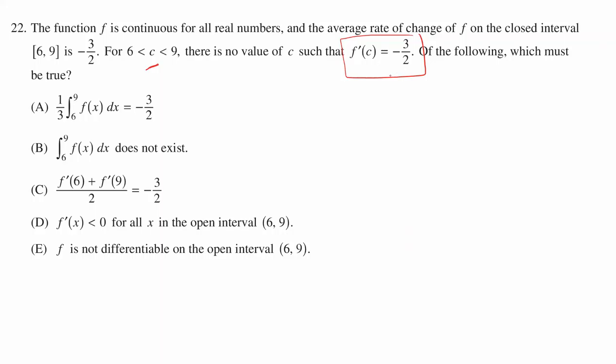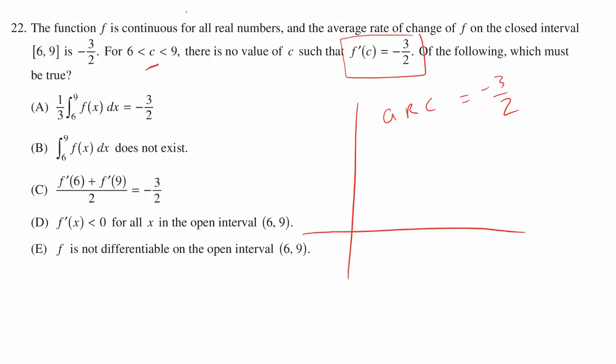It's kind of the reverse of our mean value theorem. The mean value theorem says that if the average rate of change is negative 3/2, then there has to be at least one point where the derivative is equal to that. So if this says there is no value, that means it does not satisfy the mean value theorem.